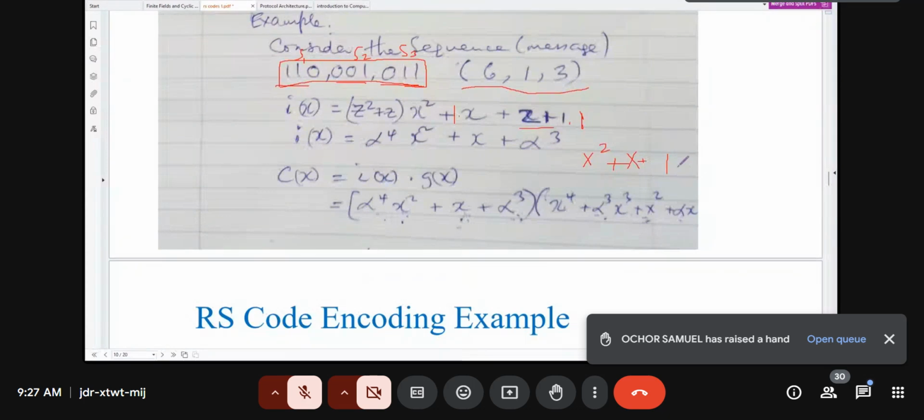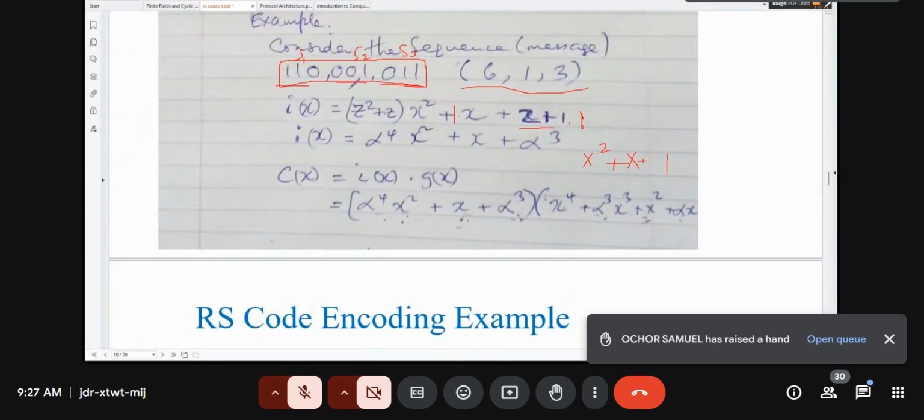These are the 3 symbols. That's why I'm putting 2 variables, or 2 indeterminates, Z and X. Because this one is the position of the symbol, and this is the position of the ones in each symbol. So these are the symbols, and this is the position of the ones in each symbol.